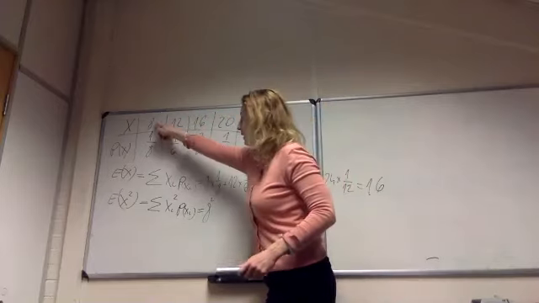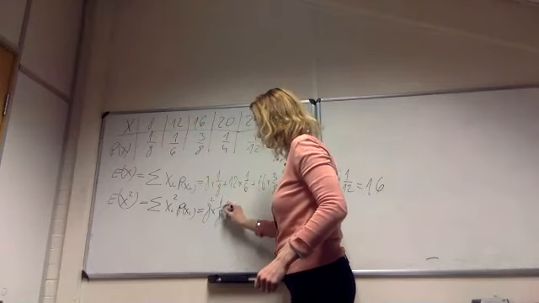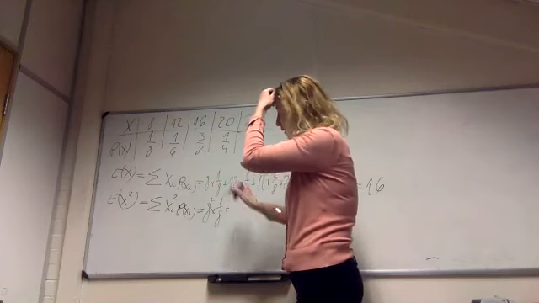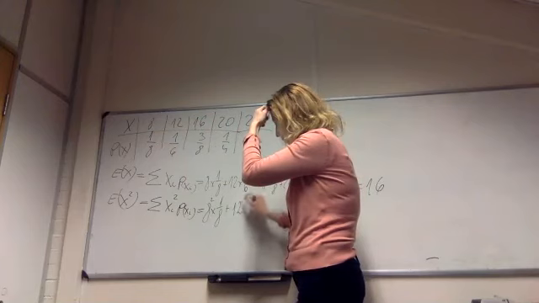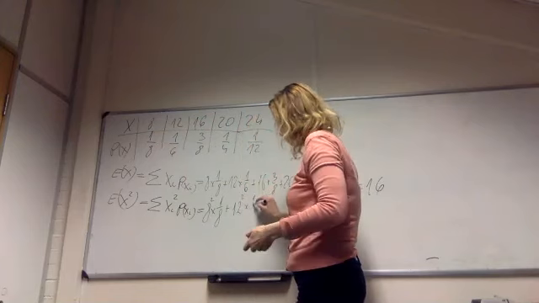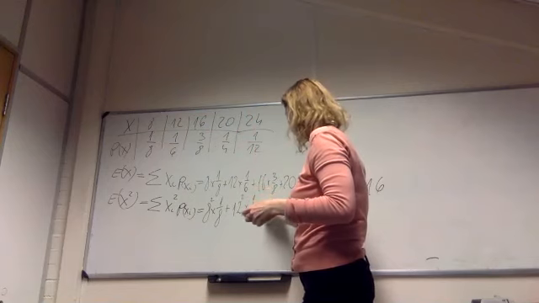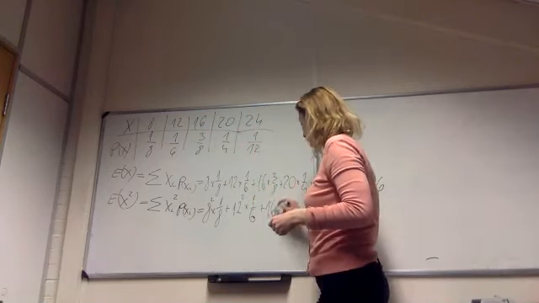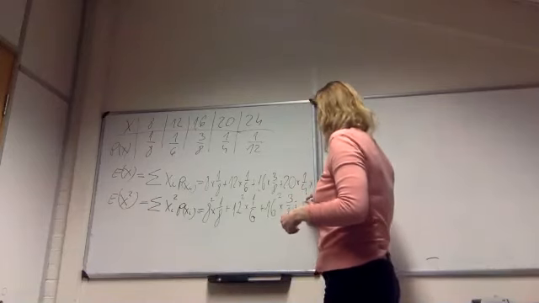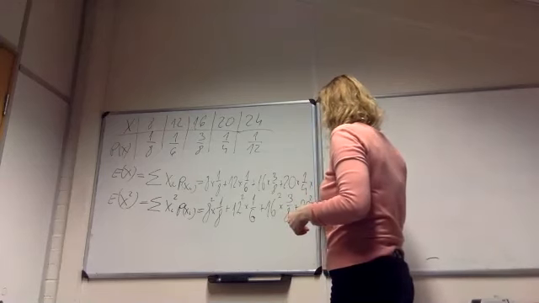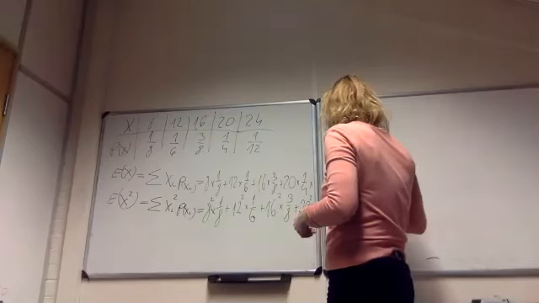So we have 8 squared times its probability, which is 1/8, plus 12 squared times 1/6, plus 16 squared times 3/8, plus 20 squared times 1/4, plus 24 squared times 1/12.